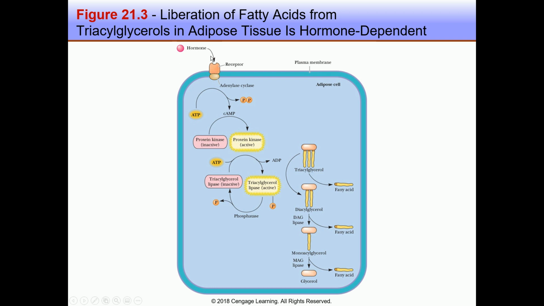So this shows that there is a receptor in the plasma membrane. Receptors are usually proteins. The hormone comes and binds on the receptor, and as a result, this is all basically signal transduction pathways. There is an enzyme called adenyl cyclase that gets activated, and this enzyme can convert ATP into cyclic AMP.